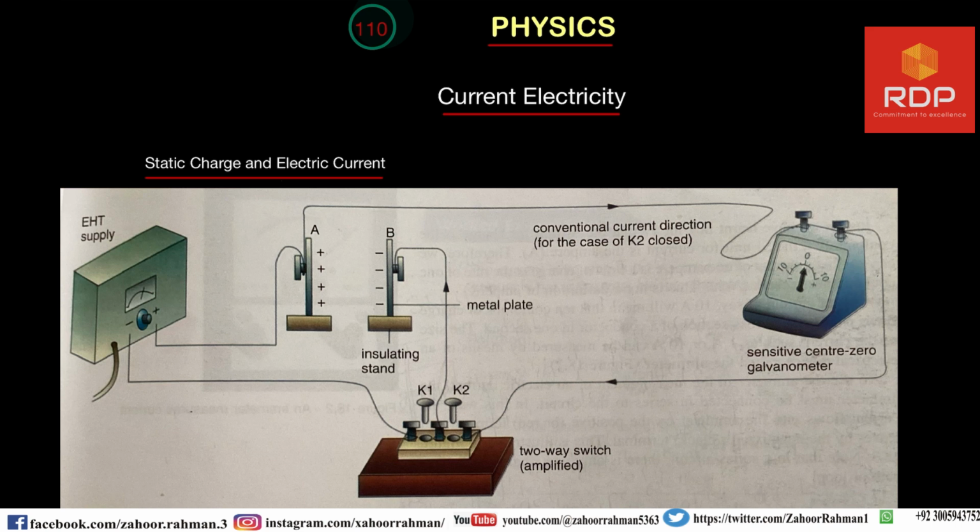This is lecture number 110 of physics, and today we are going to start a new topic, and that is current electricity. From the light bulb to television, from voltmeter to computer, most of our modern equipment depends on electricity to function.